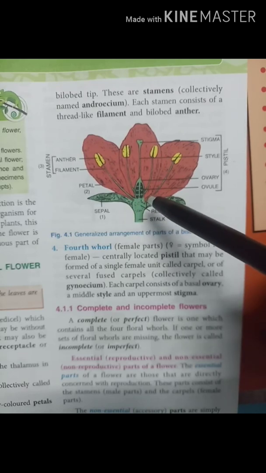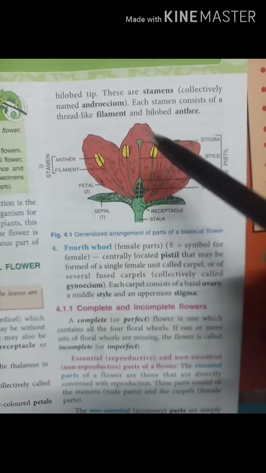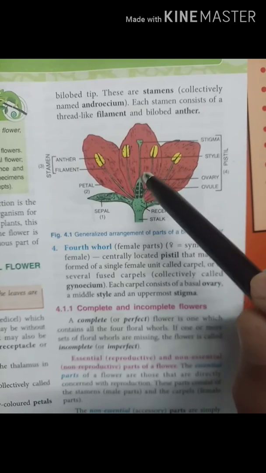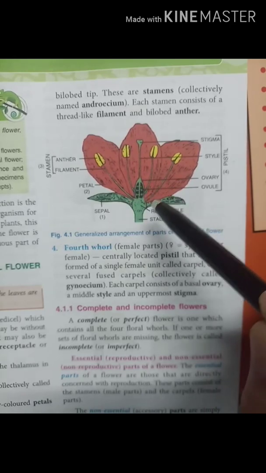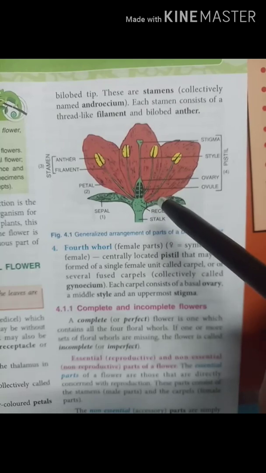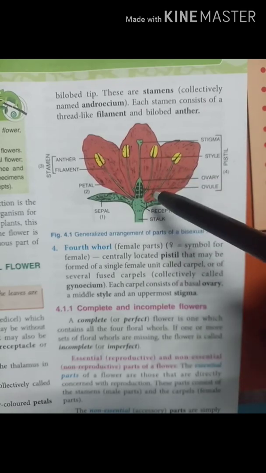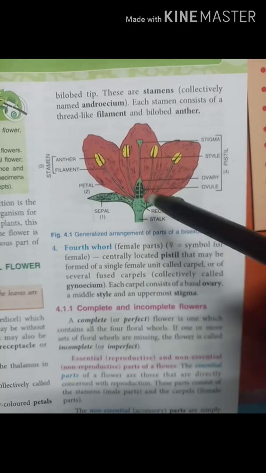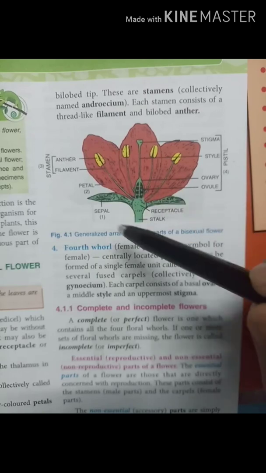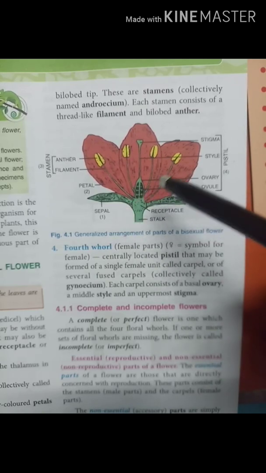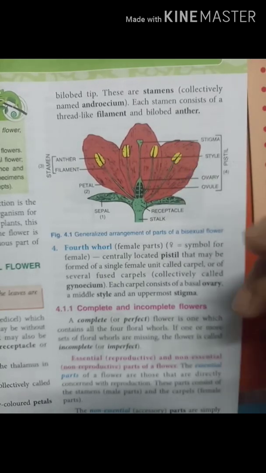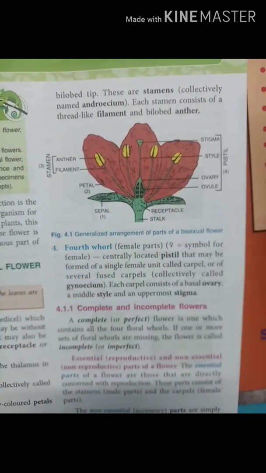In the first whorl, the outermost, green sepals collectively called calyx are present because they protect the other floral parts, such as petals, male part and female part, especially when the flower is in the bud condition.